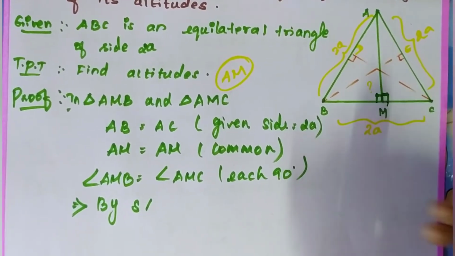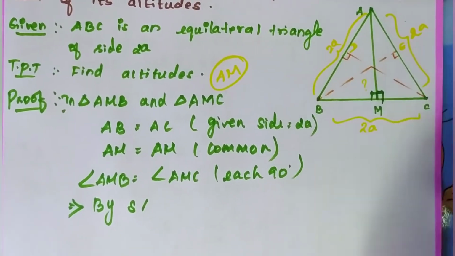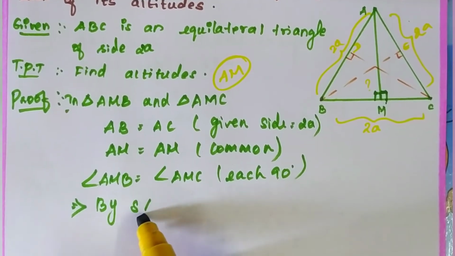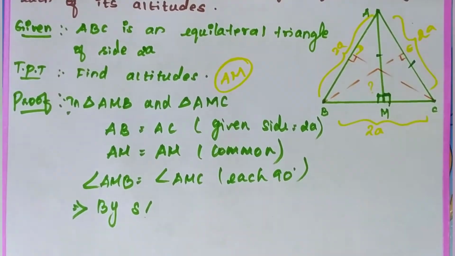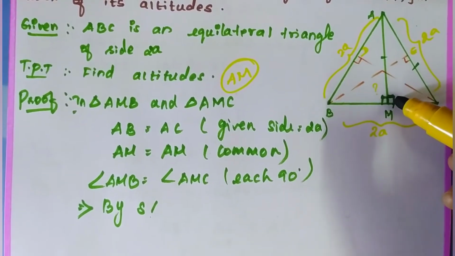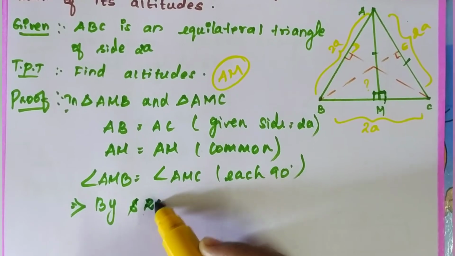Since it is 90 degrees, the hypotenuse is equal and one side is equal. We can't use SAS because this side and this side are equal and this is not the included angle. So we can't use SAS, but we can use RHS.